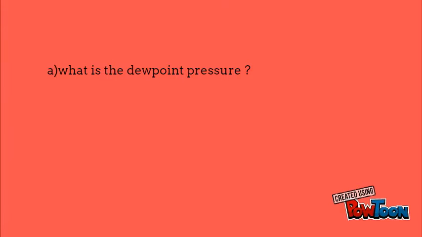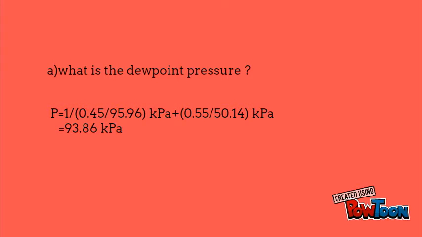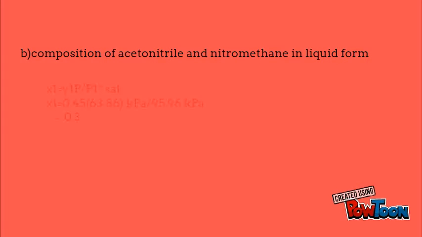By using the values, P equals 1 over 0.45 over 95.96 plus 0.55 over 50.14. So the dew pressure is 93.86 kilopascal. So then B, we need to use the Raoult's law, which is y1 P equals x1 P1 sat.